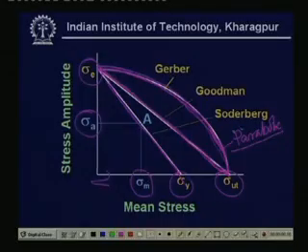For example, if we consider the Soderberg line, then any point falling below this line is a safe design. Similarly, for the other lines, any point falling below the line is a safe design point.